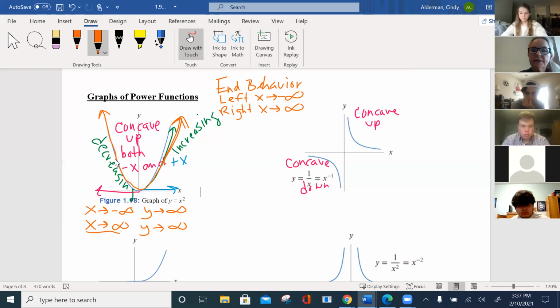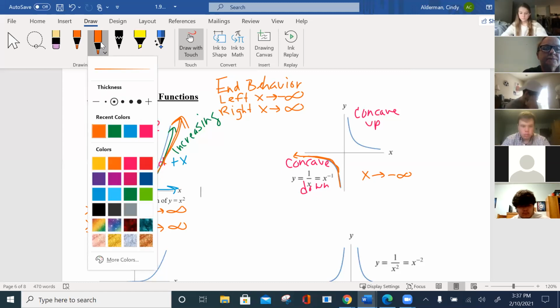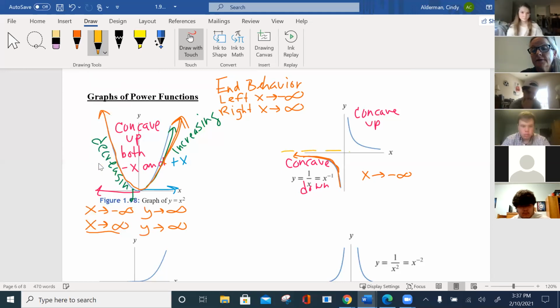Let's try it on this next graph, which is the reciprocal function. As x goes to negative infinity, this is this side. So as x is getting smaller and smaller and smaller, the y value is running into a horizontal asymptote. That horizontal asymptote is right here at 0.